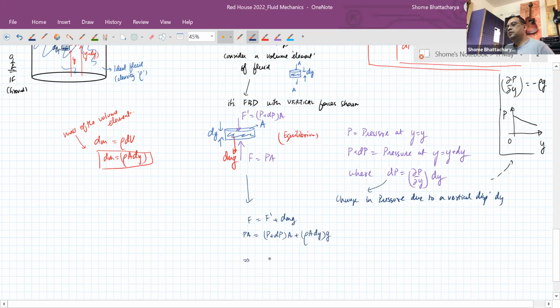So we get that this change in pressure as we go up through a y coordinate of dy is minus rho g dy. Remember, this change in pressure is given by this relation here. It is the vertical pressure gradient into dy. So that tells me that the vertical pressure gradient is equal to minus rho g.